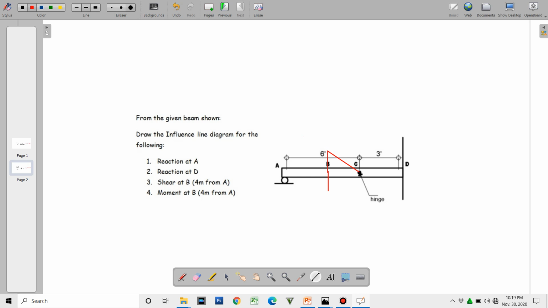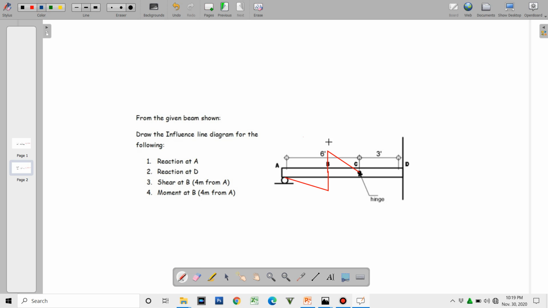Again, this will be limited up to C because there is a hinge, and there will be no shear along C and D. We just follow that on the left portion.